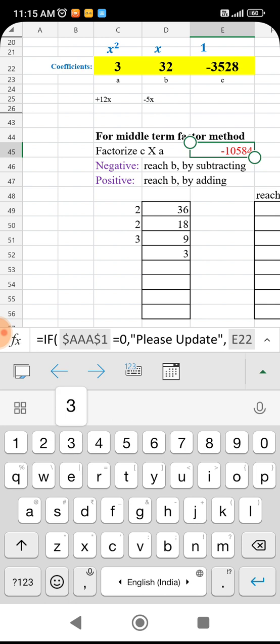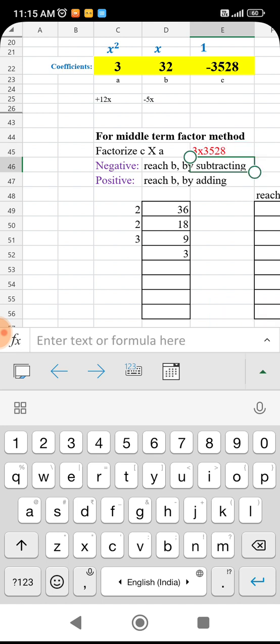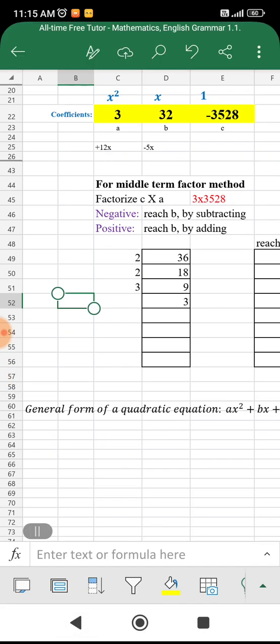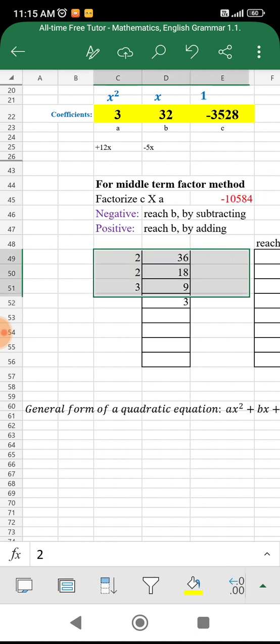What will we write? 3 into 3528. Sorry, I have written in the wrong place. I have to write here, not there.